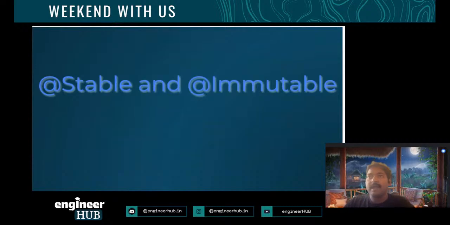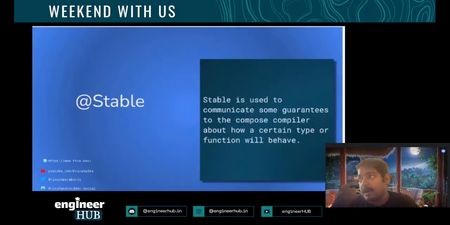Then come the Stable and Immutable annotations. Stable is used to give a guarantee to the Compose compiler that if a value is changed within this class, it will notify the Compose compiler, right? So what happens without Stable and Immutable?